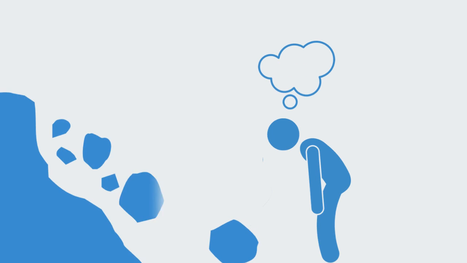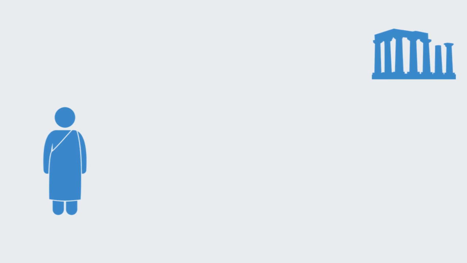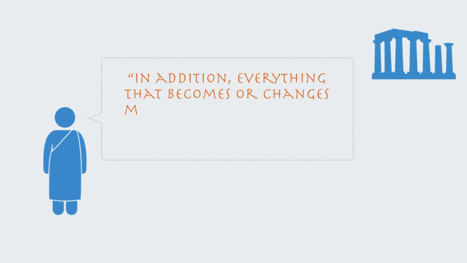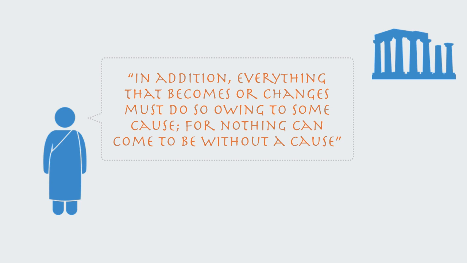If an object is in a particular state, then it is in that state as a consequence of another object interacting with it previously. The philosopher Plato stated this when he wrote, "In addition, everything that becomes or changes must do so owing to some cause, for nothing can come to be without a cause."